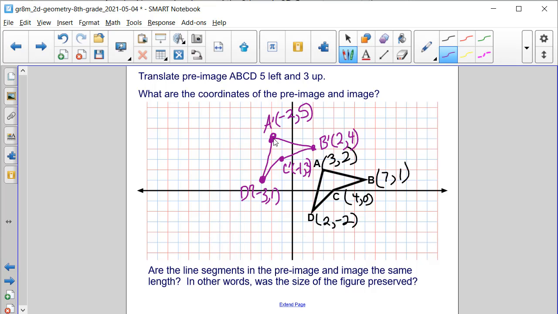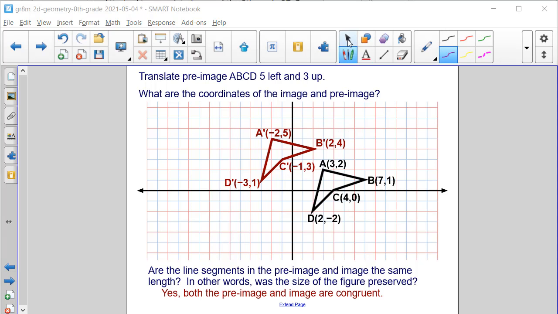we can see that the line segments of the pre-image and image are the same length, and the figure's size has been preserved. And we know that because all of the segments and angles that are showing here are indeed congruent to the original.